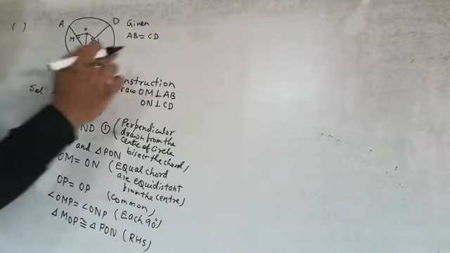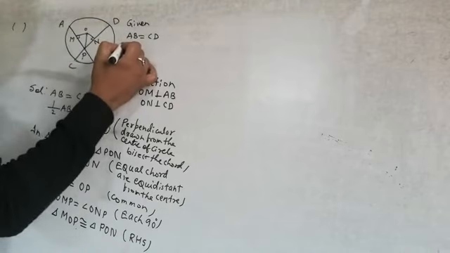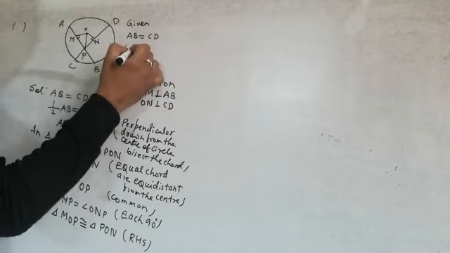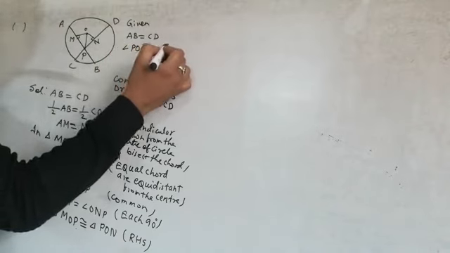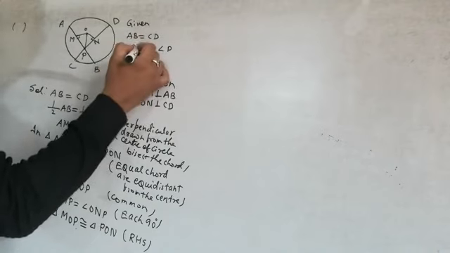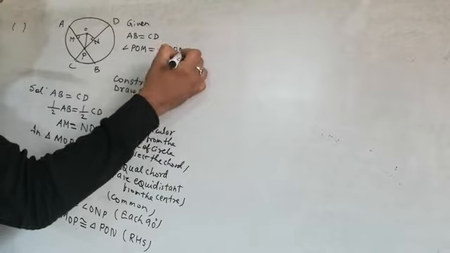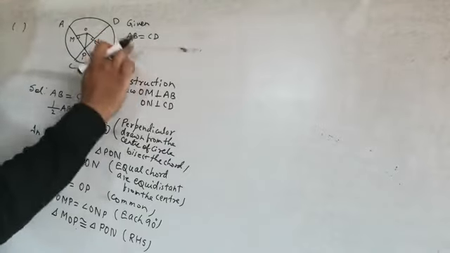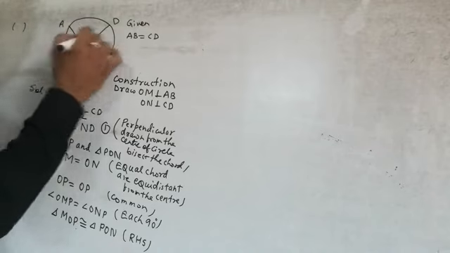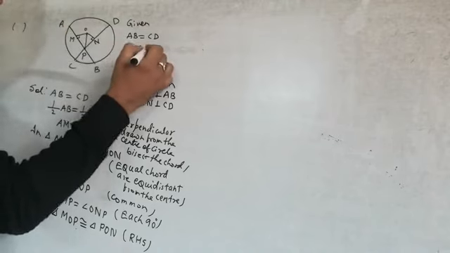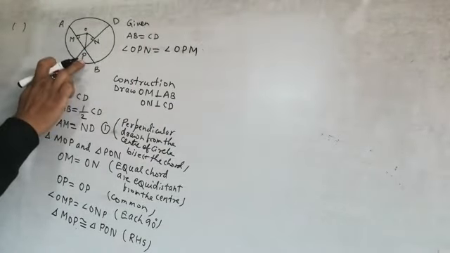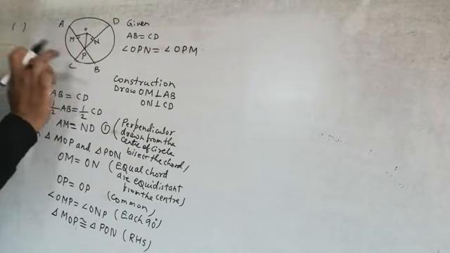So we can write, two equal chords are given. We have to prove that angle OPN and angle OPM are equal, meaning the chords make equal angles at the center where they are intersecting.